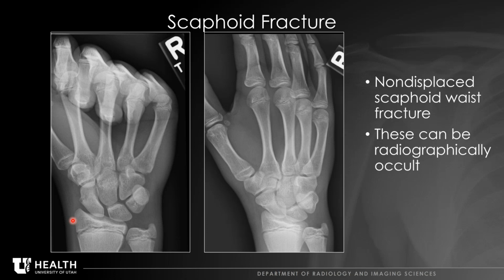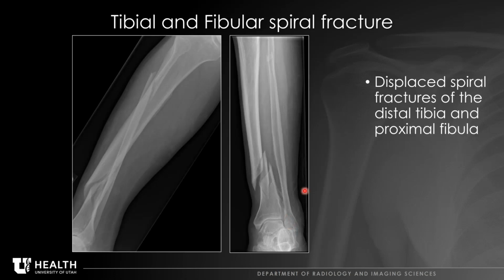And if we're splinting somebody who doesn't have a fracture, they're just going to have some limited motion. But in reality, the consequences of not splinting are worse than having somebody have decreased motion if they don't really have a fracture. That's a scaphoid fracture. The next fracture is tibial and fibular spiral fractures. These are fairly common.